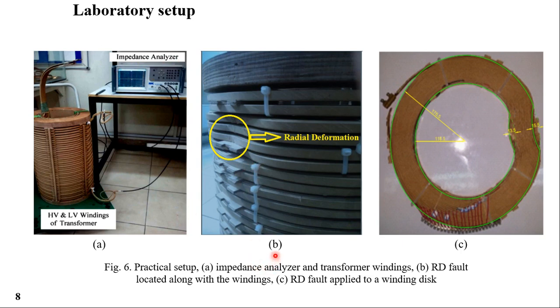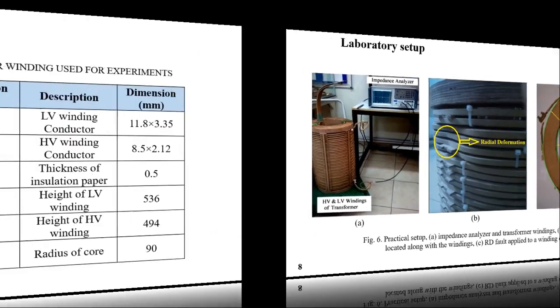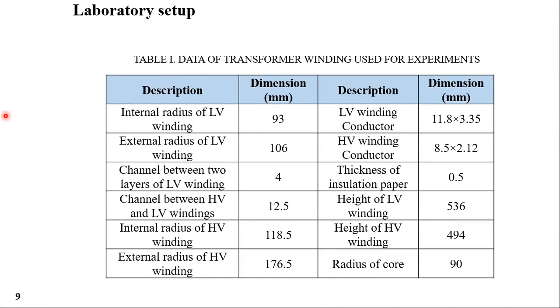In figure 6b you can see the radial deformation implemented on the windings, and also you can see in figure 6c one disk that includes the radial deformation. For detailed information about the windings, you can see the specifications of the windings used in this study in table 1.